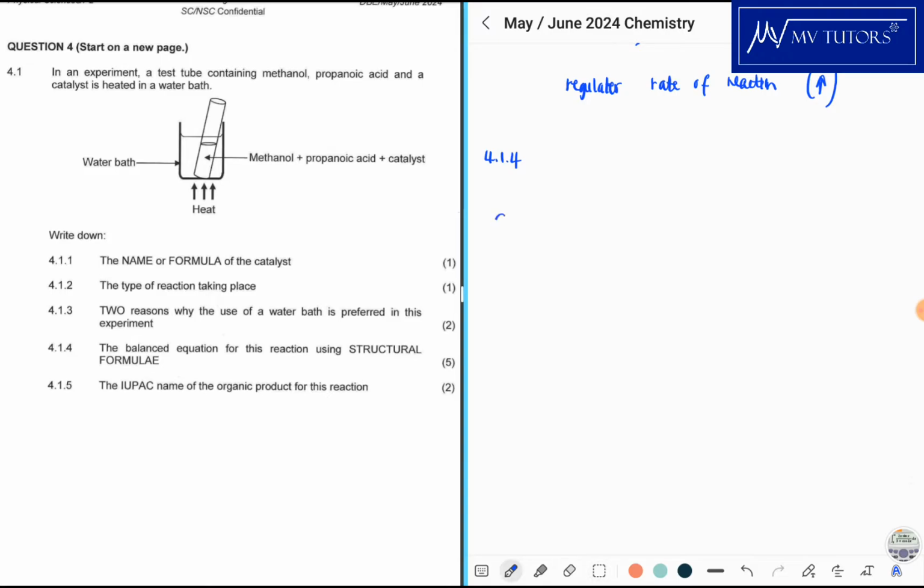So we have our methanol. I'm forgetting myself, structural formula. O has double bonds. So methanol plus propanoic acid. I'm going to try to squeeze that in. O, H.